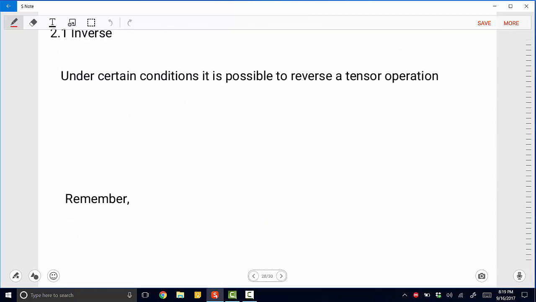All right. So now let's go ahead and try to deal with the idea of inverting a tensor. Some tensors, under certain conditions, have the capability to be inverted, meaning we have the capability of going from an operation where we start with an input vector, we perform the dot product operation on the tensor, and we produce an output vector v.